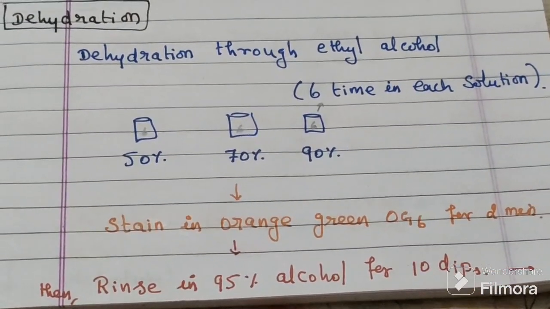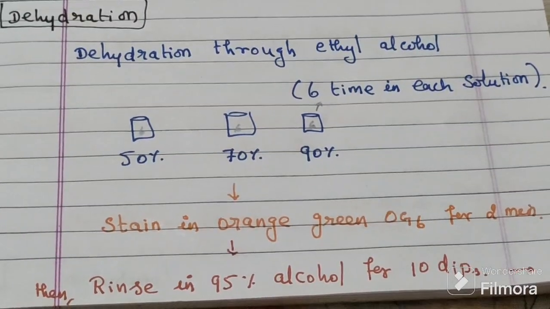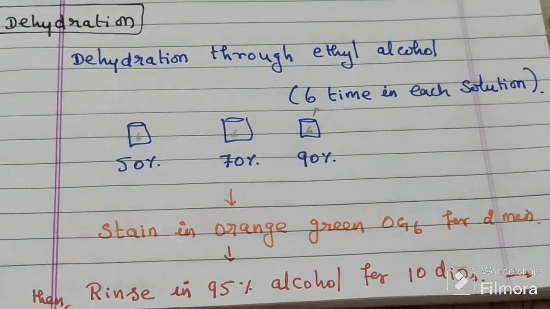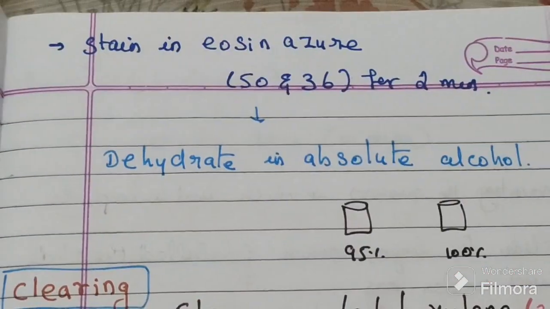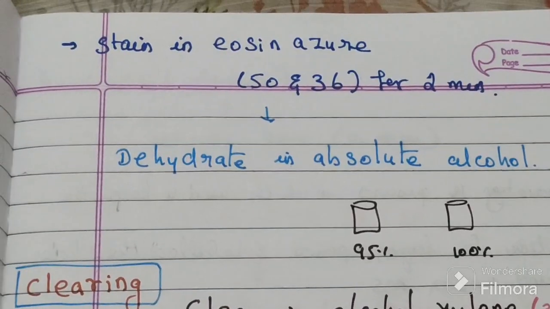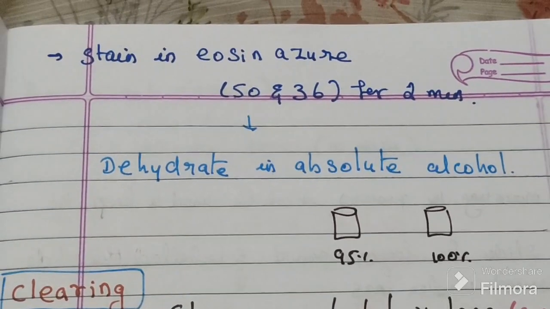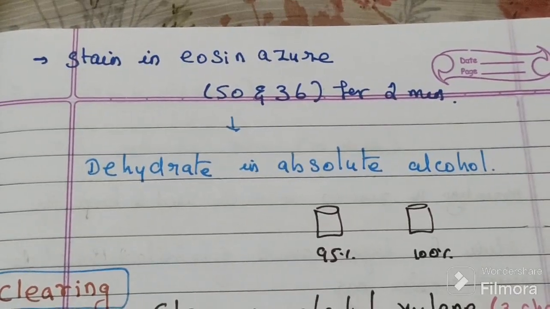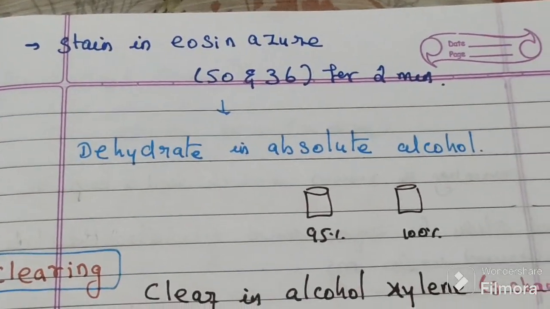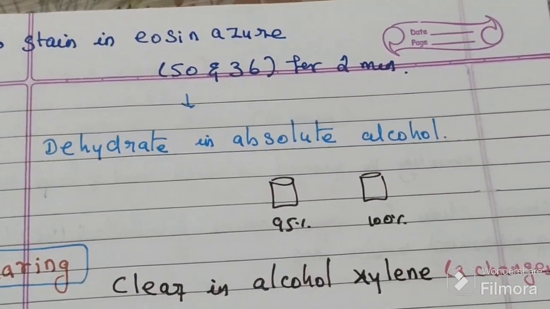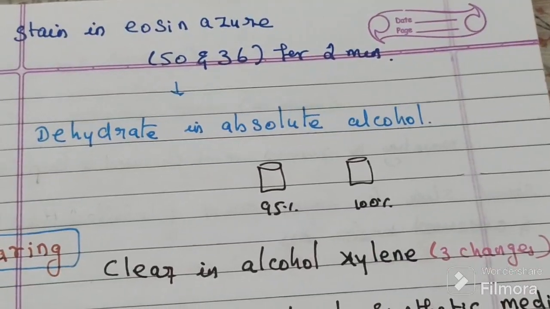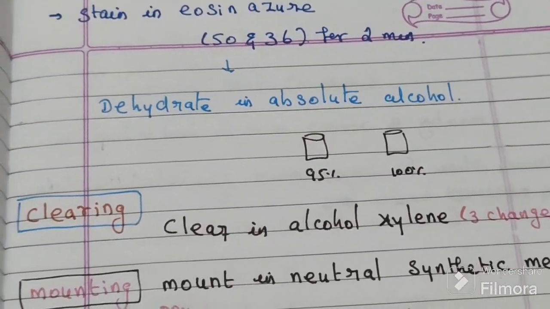Then rinse in 95% alcohol for 10 tips. Then we stain using azure 50 and 36 for 2 minutes. Then dehydrate in absolute alcohol, 95 and 100%.